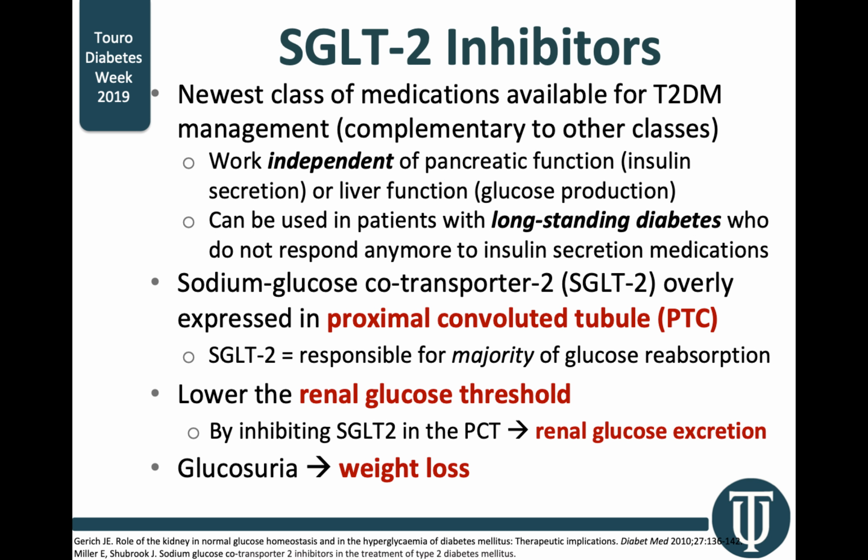So they work by reducing the renal glucose threshold. So by inhibiting this receptor, that will lead to renal glucose excretion. And we will see some weight loss because the glucose now, with this medication, is excreted through urine.